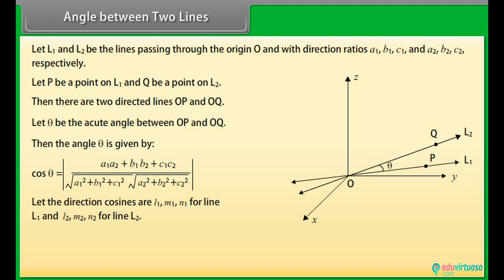Let the direction cosines be L1, M1, N1 for the line L1 and L2, M2, N2 for the line L2. Then the angle theta is given by cos theta equals modulus of (L1 L2 plus M1 M2 plus N1 N2).